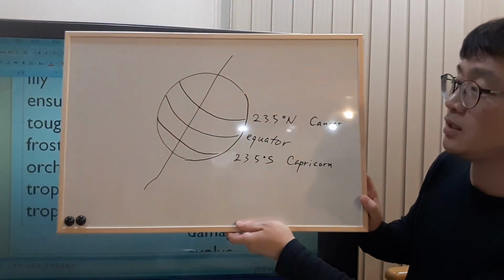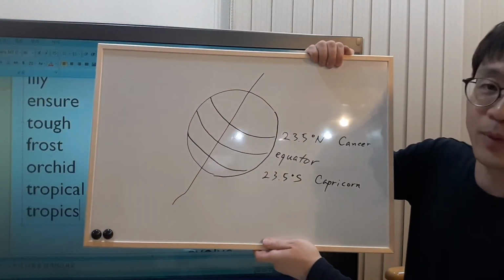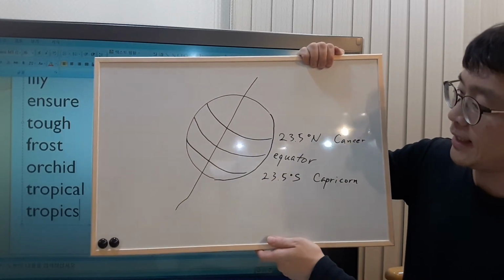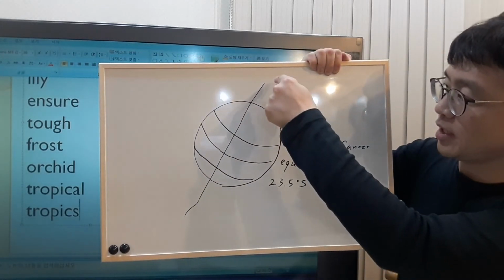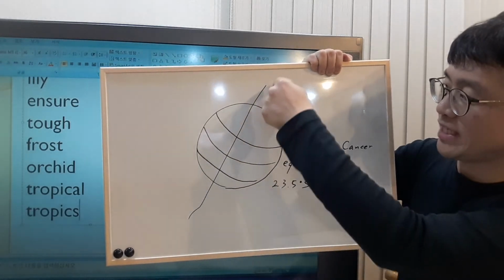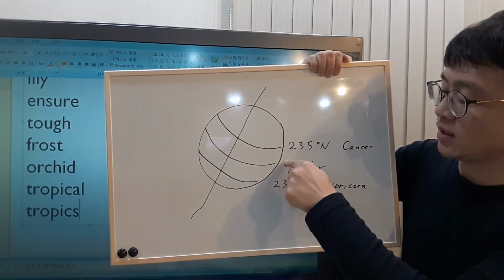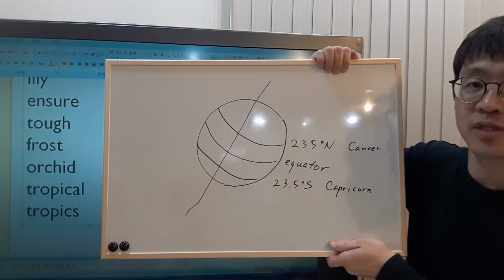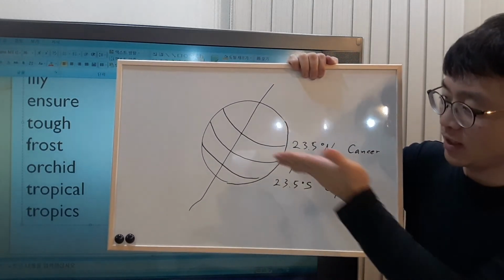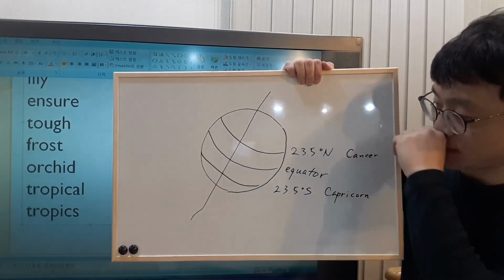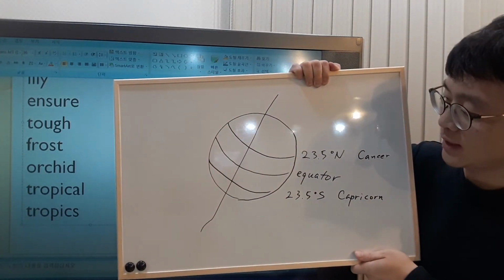Can you see this? This is the picture of the Earth, all right? And the Earth rotates around the axis, okay? And there's a line which is the equator that divides the Earth in two, that equally divides, all right?